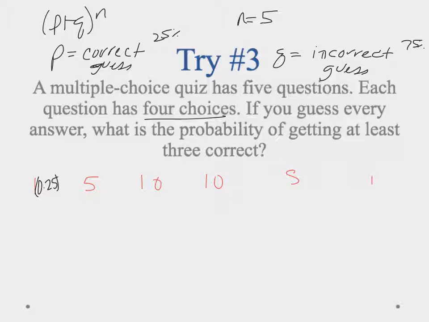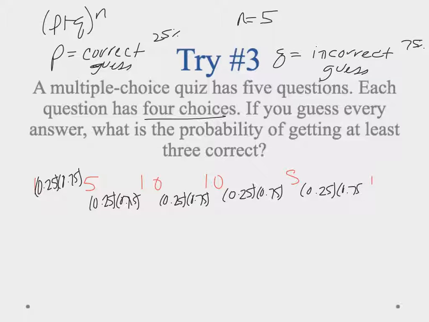Actually, I'll just put them on there. 0.25 and 0.75, 0.25, 0.75, 0.25, 0.75, 0.25, 0.75, 0.25, 0.75, and the last one.